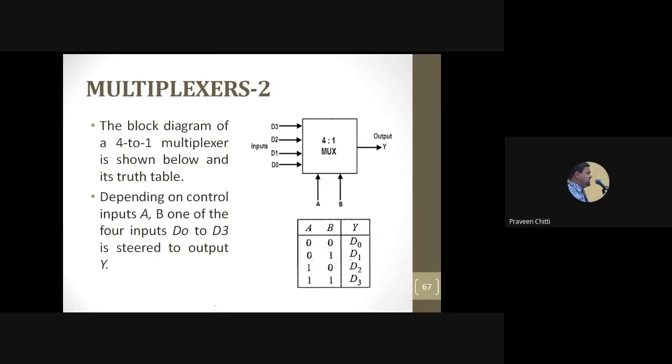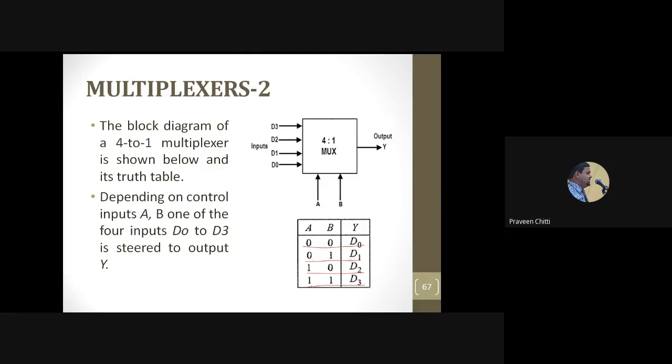So there are 4 combinations of values of A and B, and depending on these 4 values, one of the 4 inputs will be passed to the output. When A is 0 and B is 0, which input is passed to the output? D0. For 0 1, D1 will be given to the output. For 1 0, D2. And for 1 1, D3.